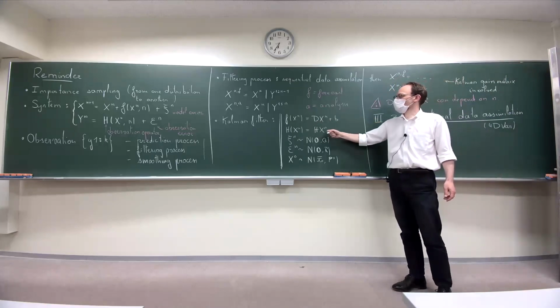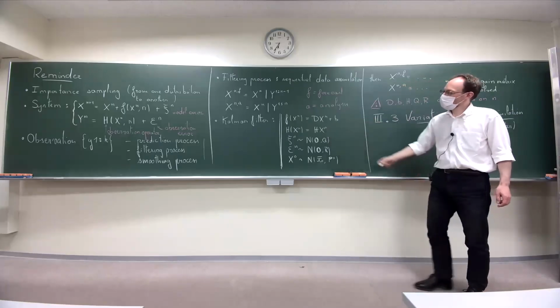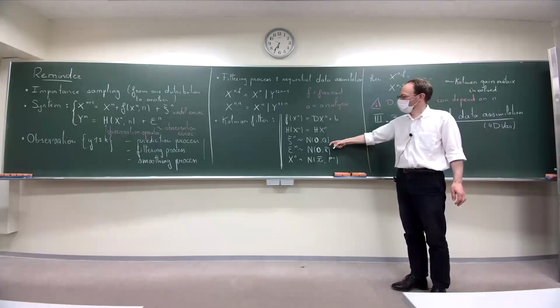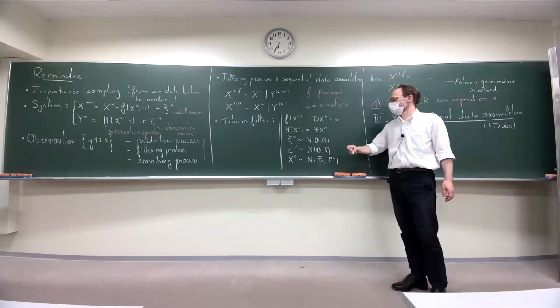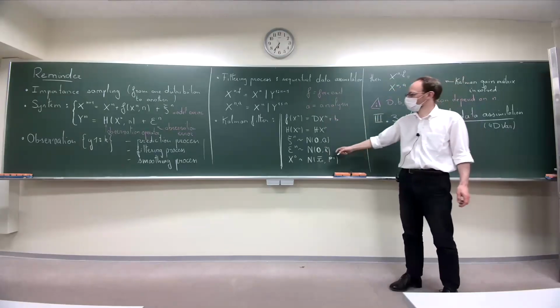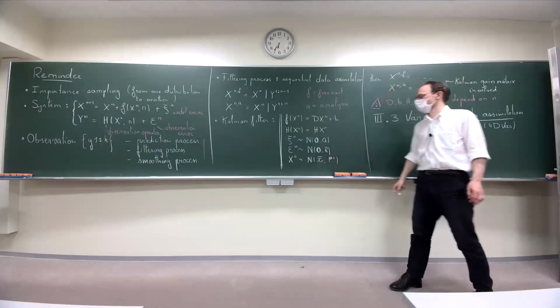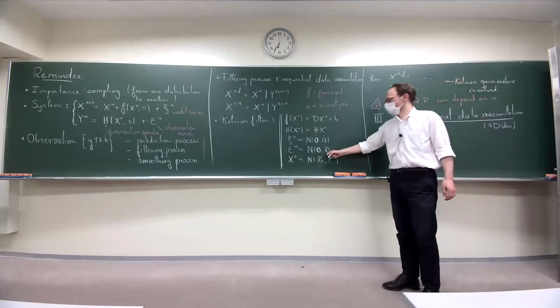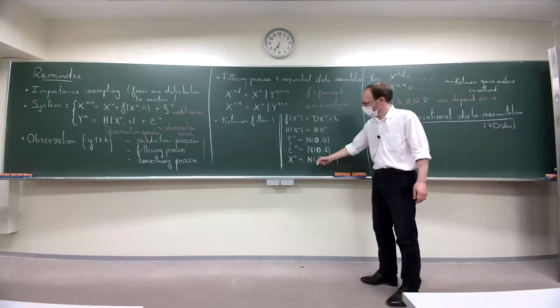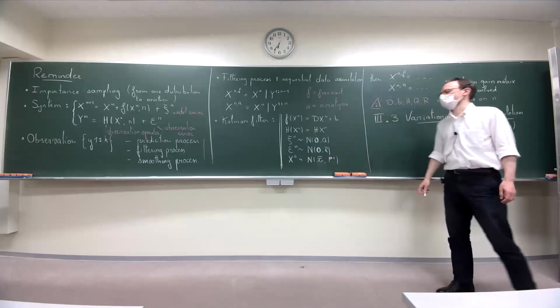The observation operator is also a matrix. We assume that this model error is Gaussian centered at 0 and with a certain covariance Q. We assume that the observation error is also Gaussian centered at 0 and with a certain covariance R. And the initial condition is also given by a Gaussian.